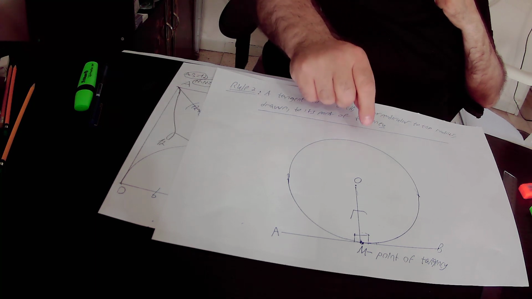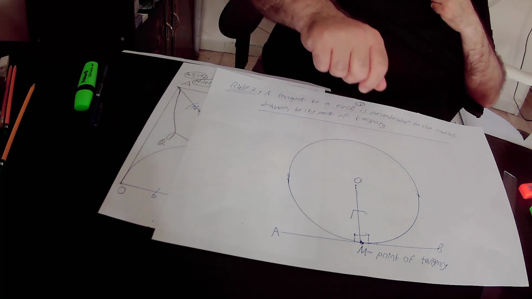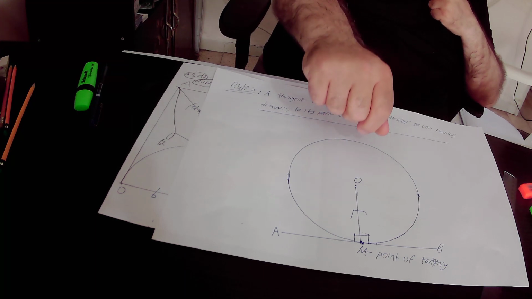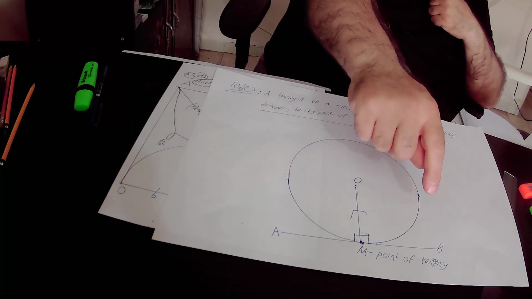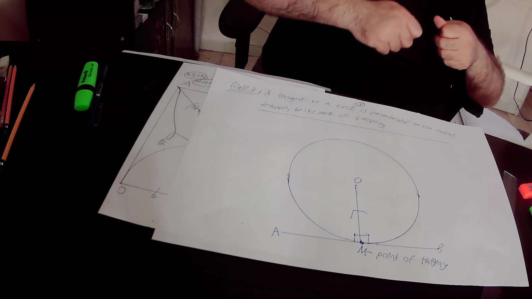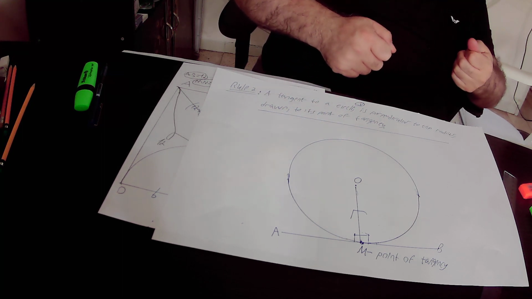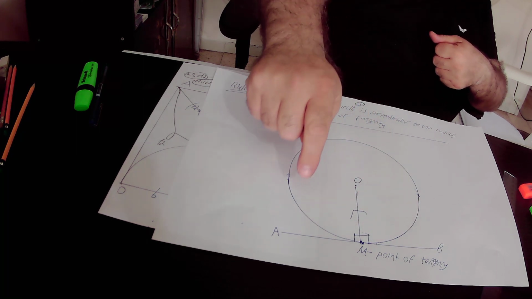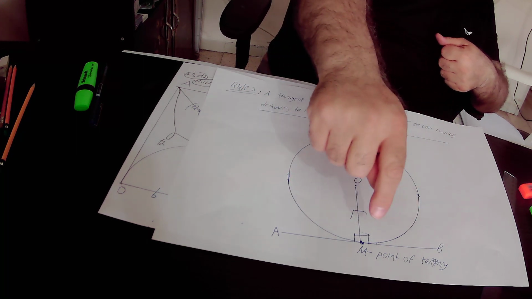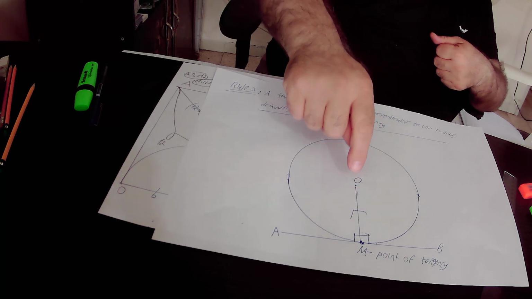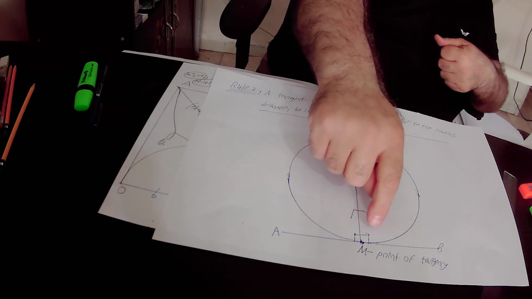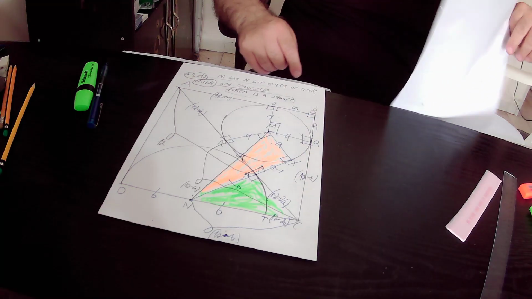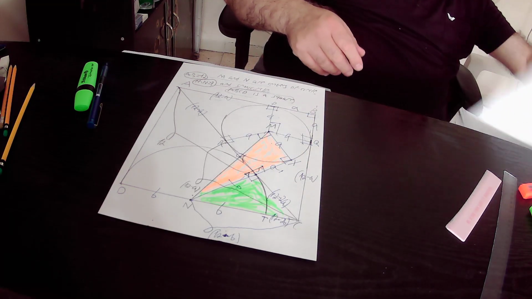You can see from the drawing that the radius OM is drawn to the point of tangency, that is to say it is drawn to point M, and whenever we have a radius that is drawn to the point of tangency, then the tangent will be perpendicular to that radius. Here, tangent AB will be perpendicular to radius MO. That is to say this angle will be equal to 90 degrees and this angle will be also equal to 90 degrees. We implemented rule number 2 in our drawing.